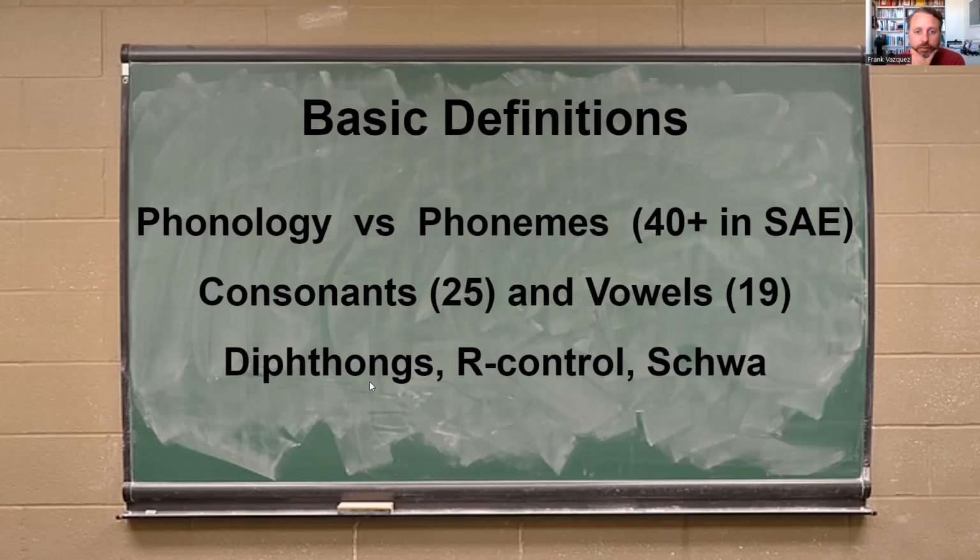Within this, there are three terms we want to be familiar with. First, diphthongs, which are basically complex vowel sounds where there's some movement of the lips and tongue that makes it a little trickier for some kids to recognize.